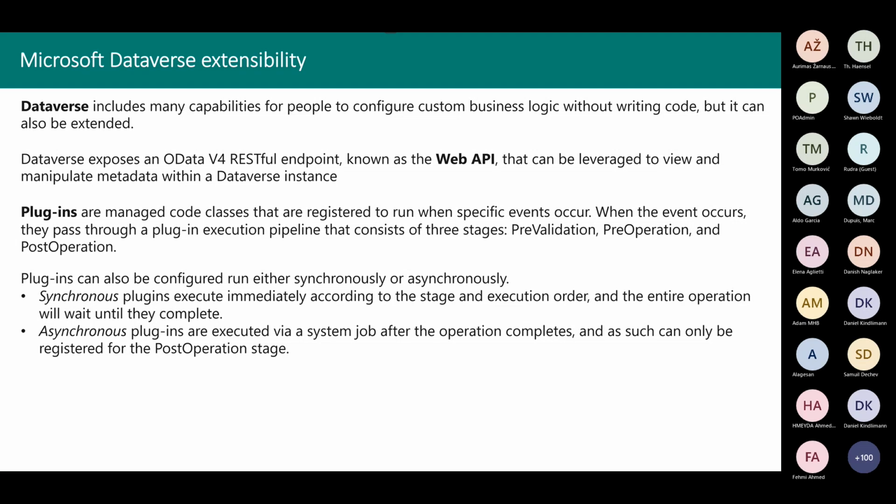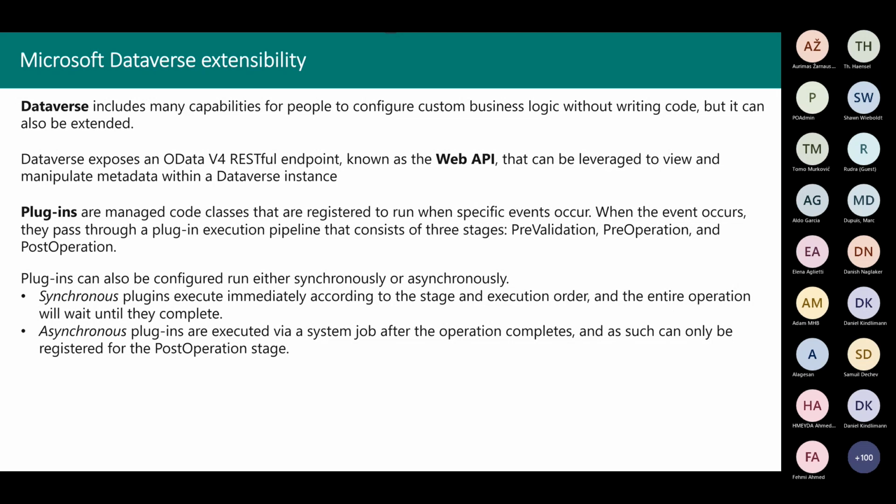Plugins are important and powerful because with plugins you can extend Dataverse and create complex business events that can do almost everything you want, simply because a plugin is a DLL, a library that you can create, so you can use the entire power of the .NET framework, for example, to perform operations, calculations, data manipulations, and so on.